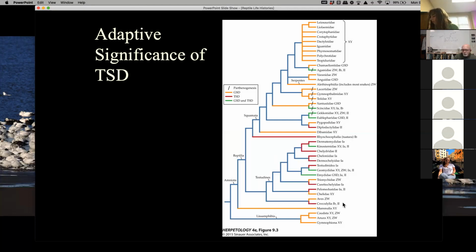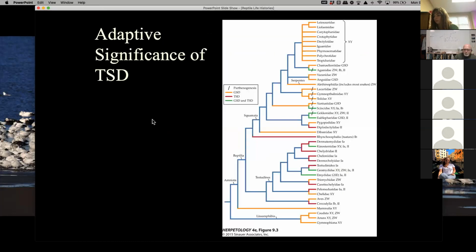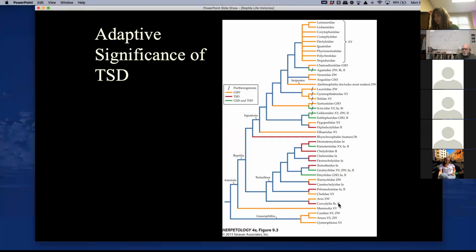One type is 1B, which is this one, where males dominate at warm temperature, and the other one is type 2, where males dominate at intermediate temperatures. So even within a taxonomic group, the mechanism of temperature-dependent sex determination is not consistent. And so there's a lot of evolutionary flexibility in this particular characteristic.